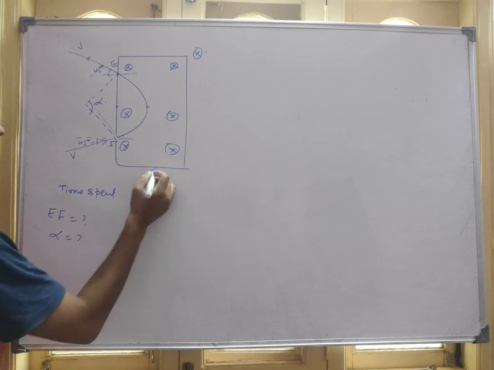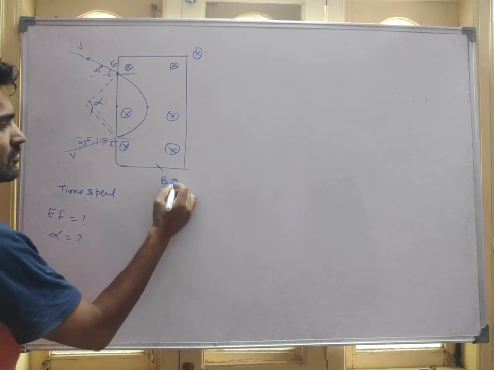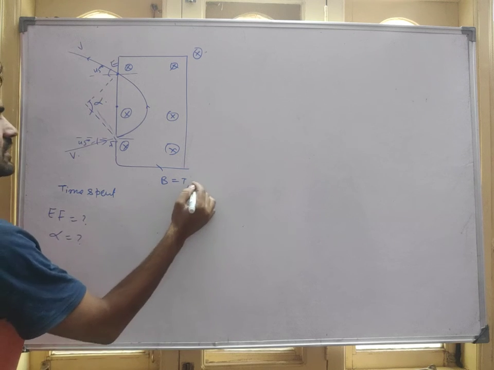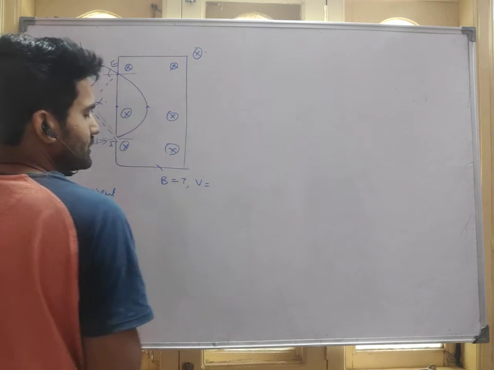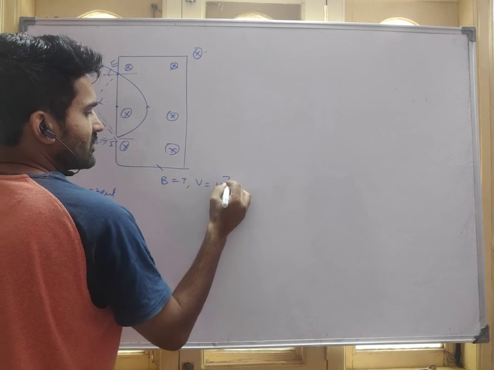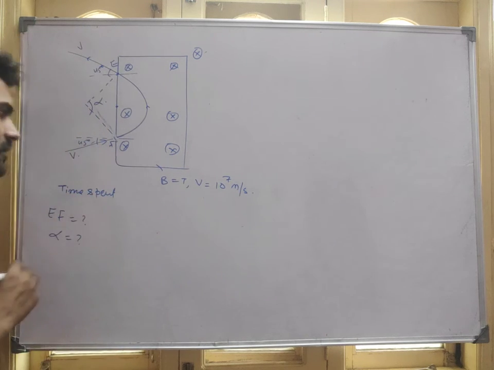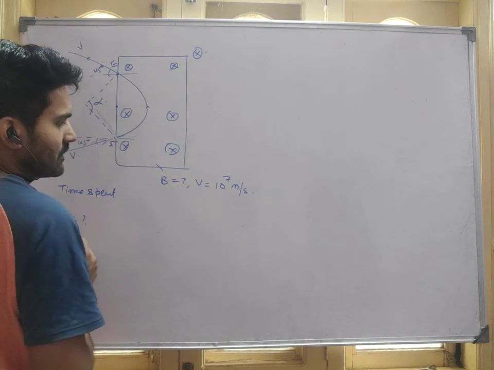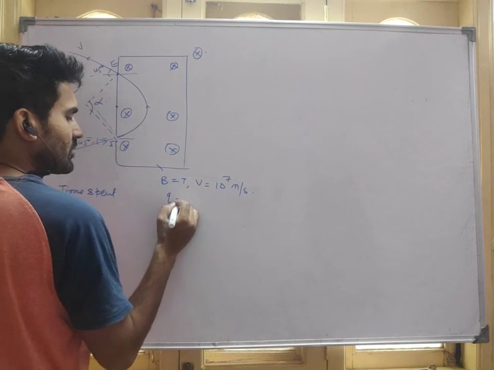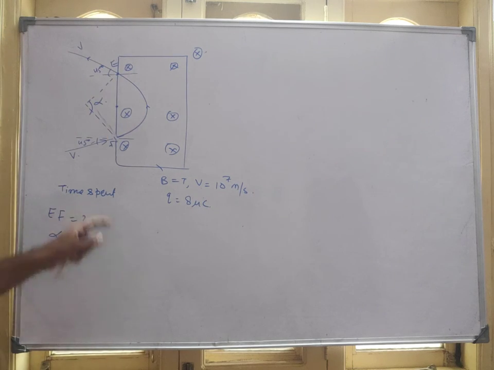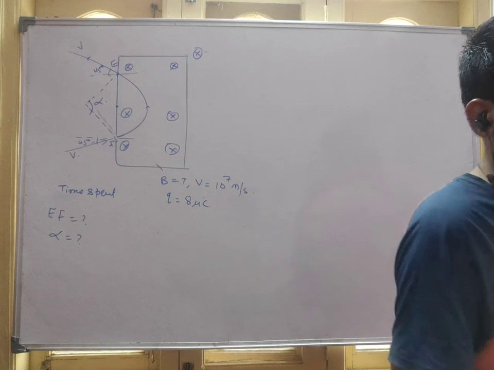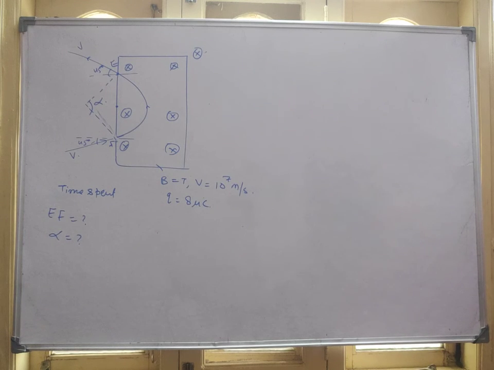If the magnetic field is 1 Tesla, B is equal to 1 Tesla, and velocity is, let's say, 10 raised to power 7 meter per second, and the charge Q is 8 microcoulomb. Okay, fine. Find it.